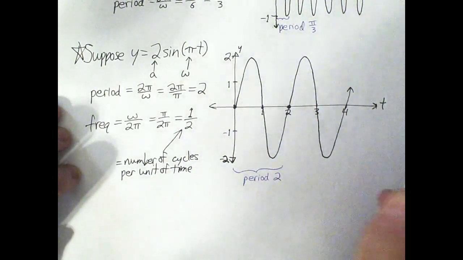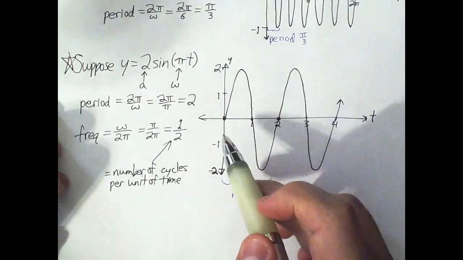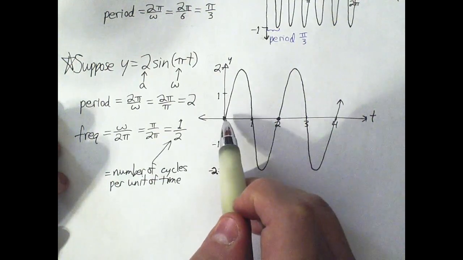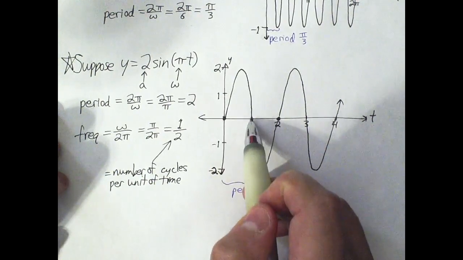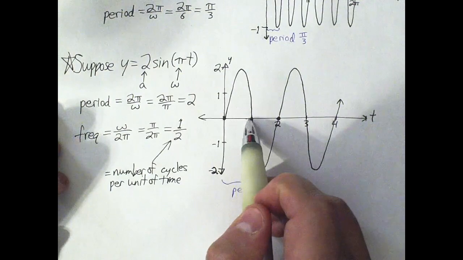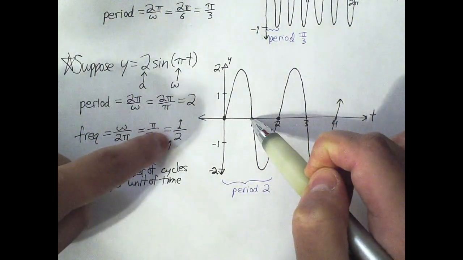So maybe if we imagine that t is in seconds, how many cycles have we completed by the time we go from 0 to 1? Like 1 unit of time has passed. When 1 unit of time has passed, we've completed half of a cycle.